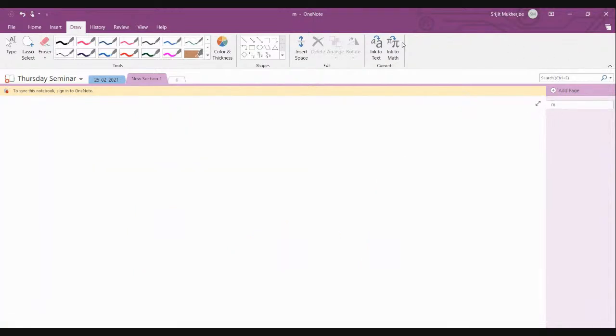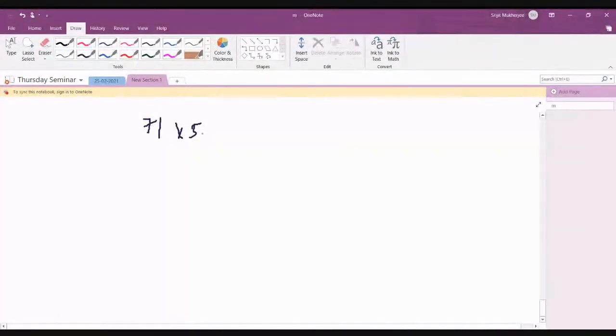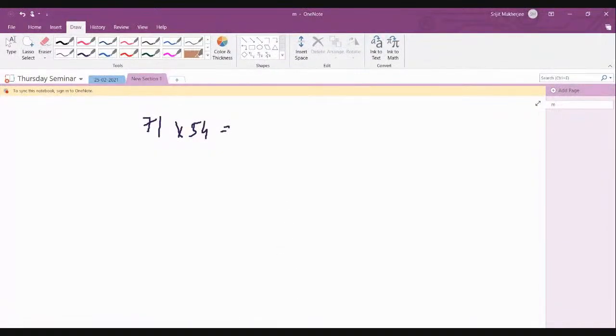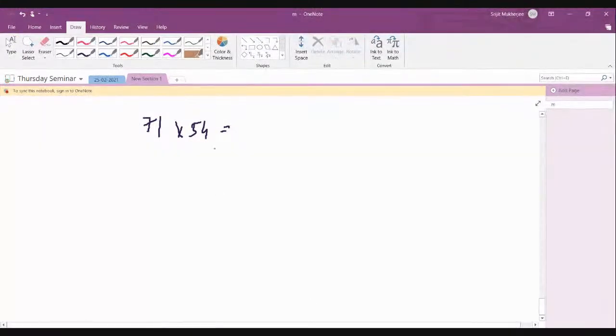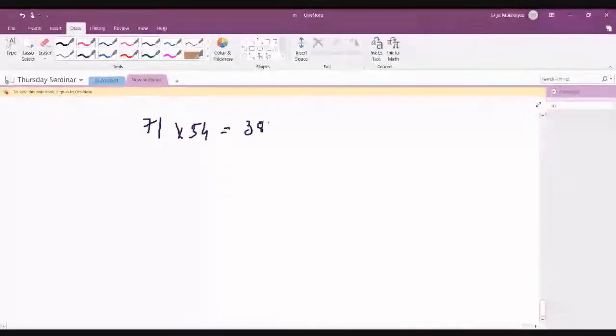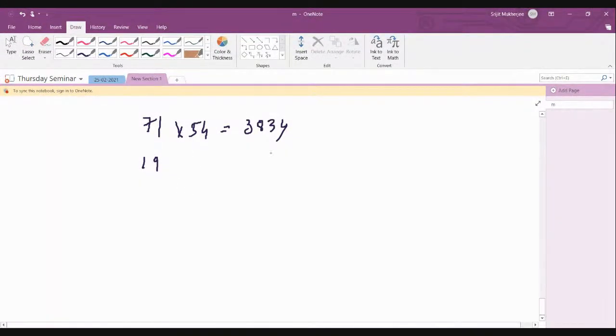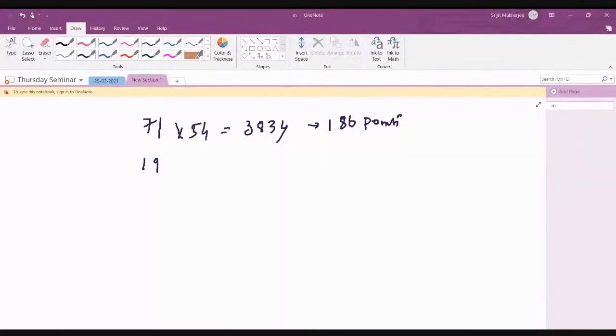Let's say 71 players. The 71 players have got at least 54 points, which is 3834. So you have 19 people over here. So the rest is 66 left, plus 120.